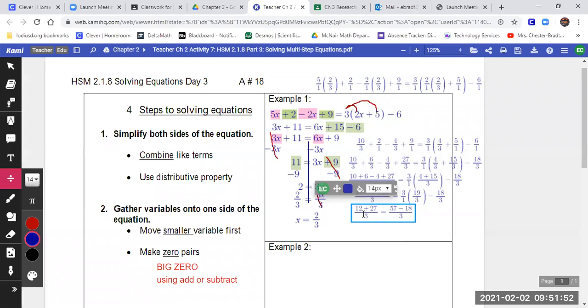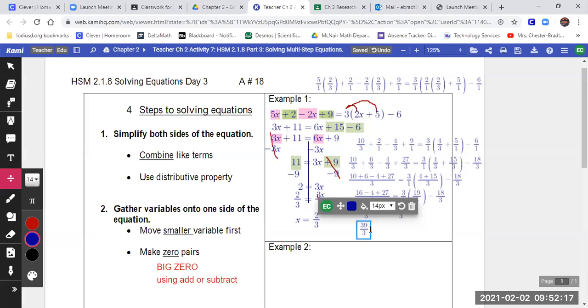So now I just have to figure out what a 57 minus an 18 is, because I can do the addition part easy. What's a 57 minus an 18? 39. Okay. And I know a 12 plus 27 is a 39 as well. So we are super happy because we're finally done with this yucky fraction.